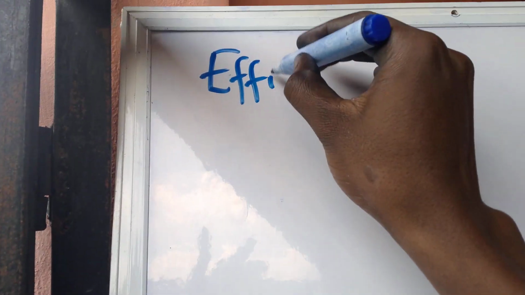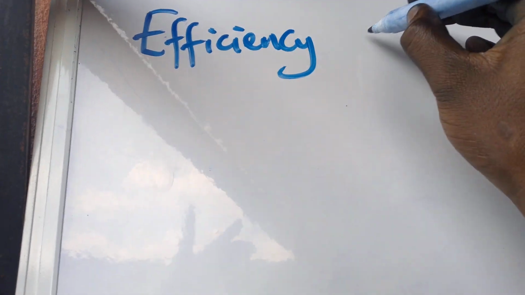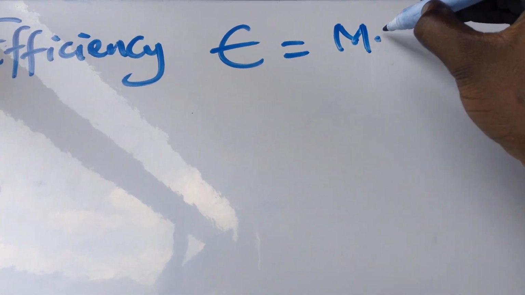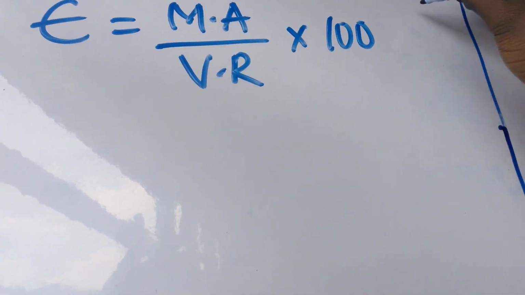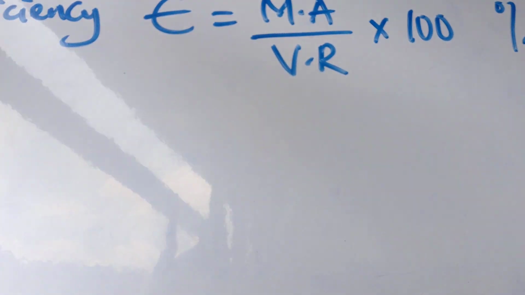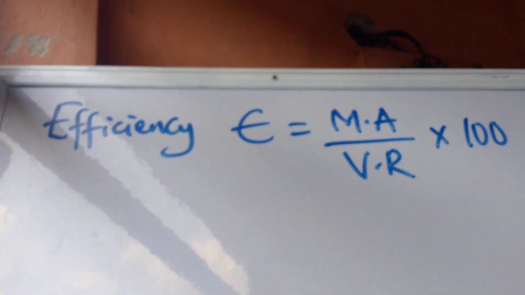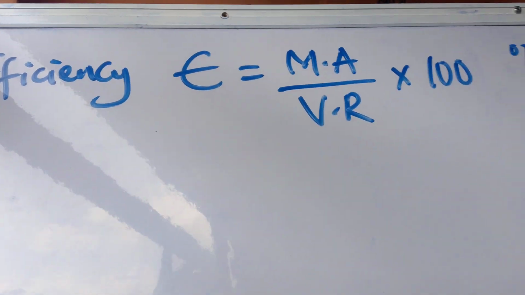Efficiency E is equal to mechanical advantage over velocity ratio times 100, measured in percentage. The efficiency was 50%, which is 50 over 100.